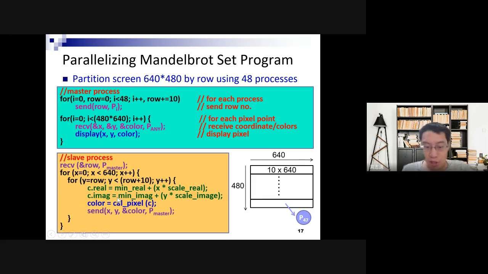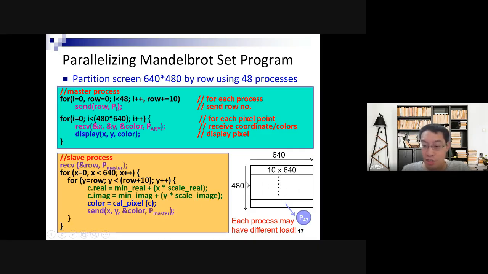The computation here is a bit more complicated than what we showed before, but the strategy you use to implement this parallel program is basically the same. However, especially for this problem, partitioning the task by row probably is not the best solution.